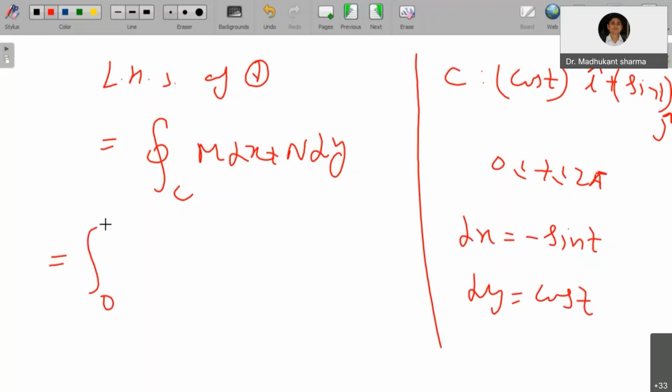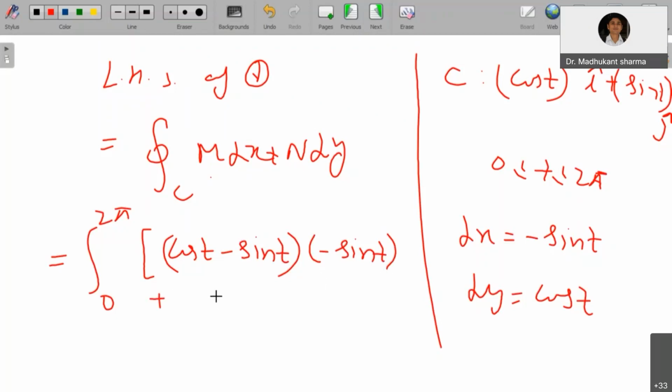So this is the integral from 0 to 2 pi of (cos t minus sin t) times minus sin t, plus n, which is x, cos t, times dy, which is cos t dt.